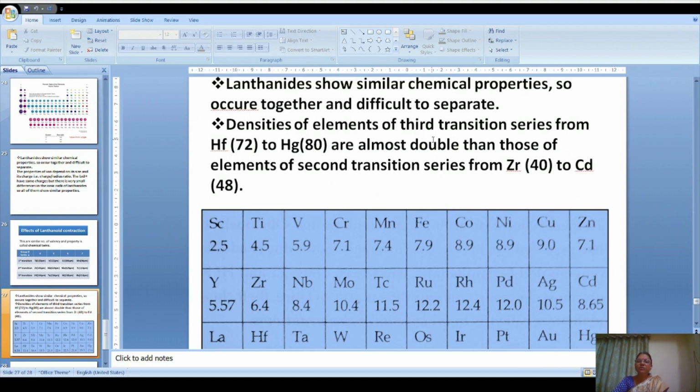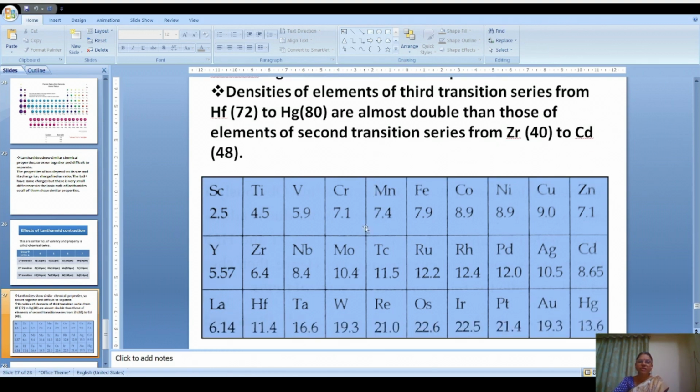Densities of the elements of the third transition series from hafnium to mercury are almost double those of the elements of the second transition series. We can see here the first transition series from scandium to zinc, then yttrium to cadmium, and lanthanum to mercury. So these are the third transition series. Now these are the density values.